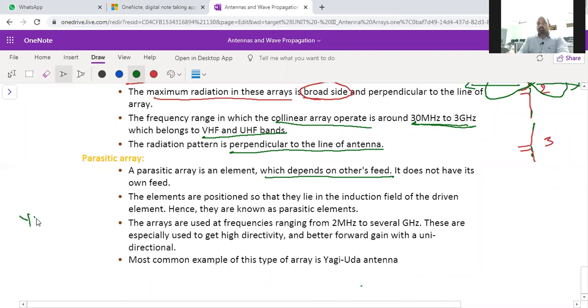I will take the Yagi-Uda antenna as an example to explain the parasitic array. I hope every one of you has seen the Yagi-Uda antenna. I'm drawing the structure here.